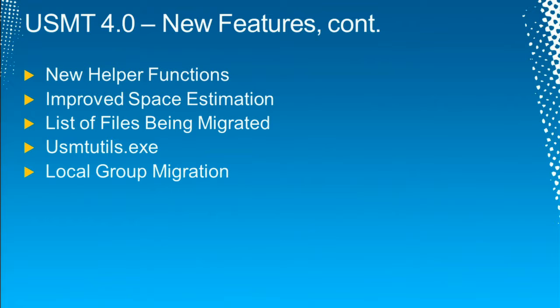For example, say that a user has been using a machine for a while, and they have documents all over the place in folders that were not supposed to be documents at all, like Windows, and program files, everywhere on the drive. So we back that up and we restore it, and by default in USMT it will restore it to the same location, which is maybe not where we want to have them.